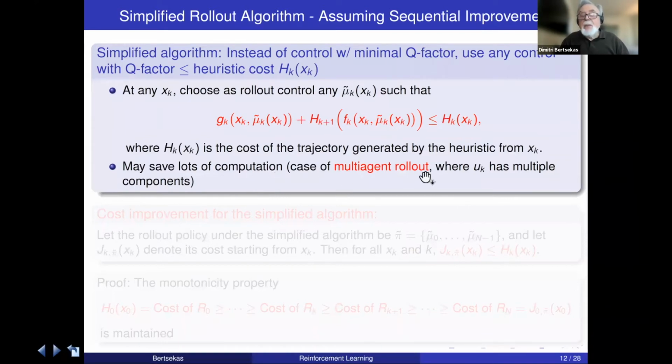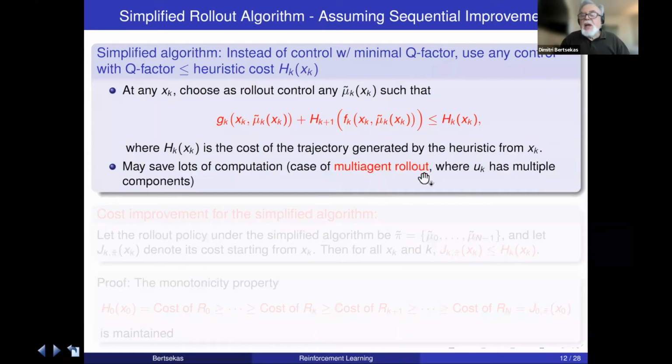There are many different examples where this kind of scheme is helpful. But a prime example is in multi-agent rollout. And I gave an example of that a couple of lectures ago, where the control space is enormous. It's finite, a finite number of controls, but a huge number, and therefore also a huge number of Q factors. We don't want to compare all of them.